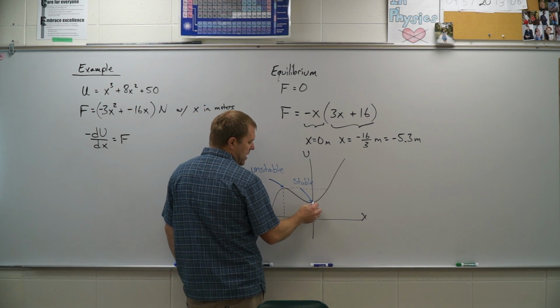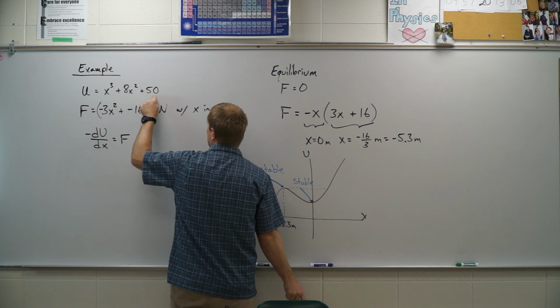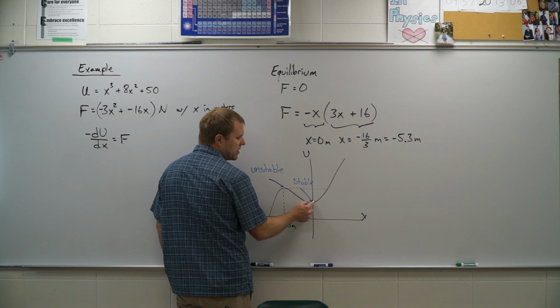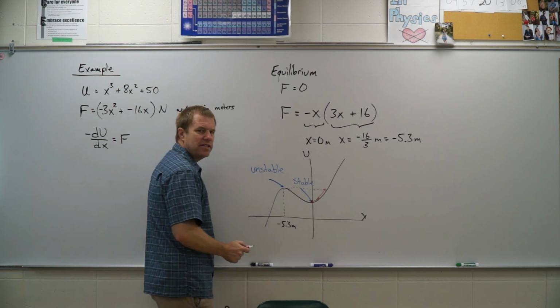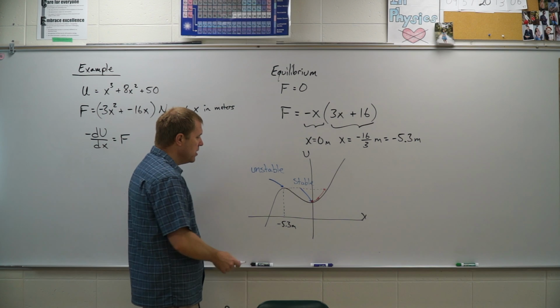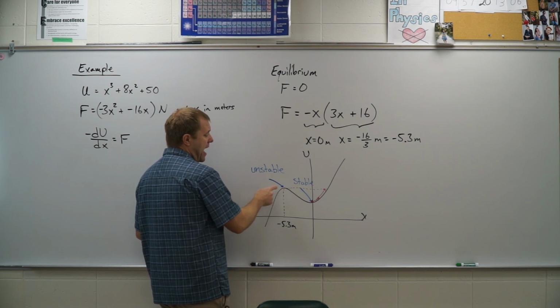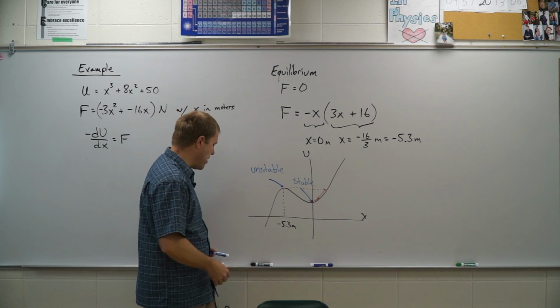Because at this point, at x equals 0, the potential energy is 50. If I give it a little more kinetic energy, it's going to go up the wall a little bit and then come back down. So how much kinetic energy can I give it until it gets to this point? Whatever our total energy is here at this peak is going to be our maximum amount of energy.